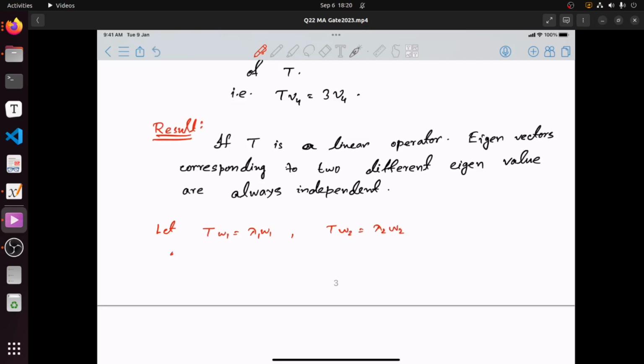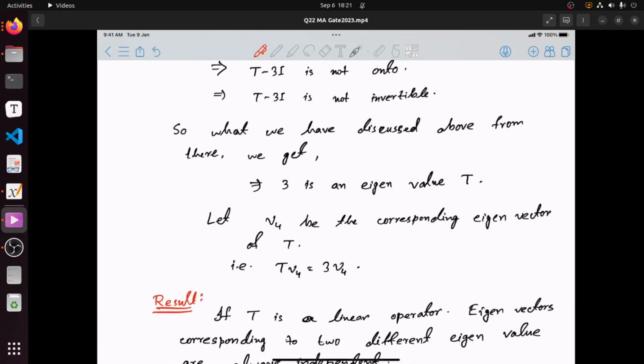And if lambda 1 is not equal to lambda 2, then this result is saying that W1 and W2 are linearly independent. Right.